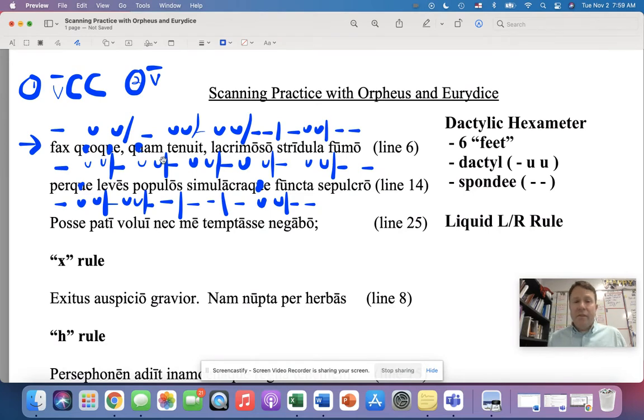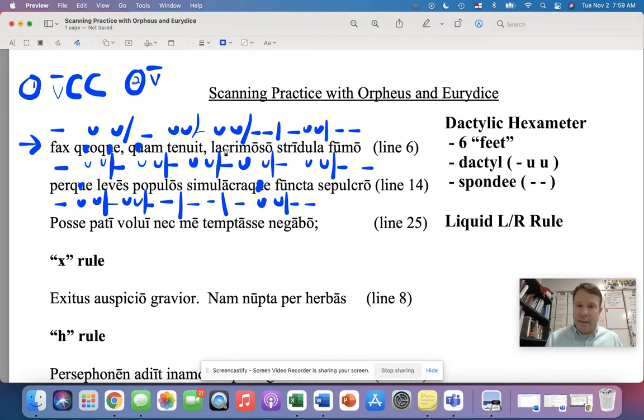Now, the other thing is the liquid L and R rule, and we see this right here. We've got a vowel I followed by two consonants TL. So it's long, right? That's the rule. Vowel followed by two consonants. But notice in the very next part, my two consonants are C and R. So again, this A should be long.